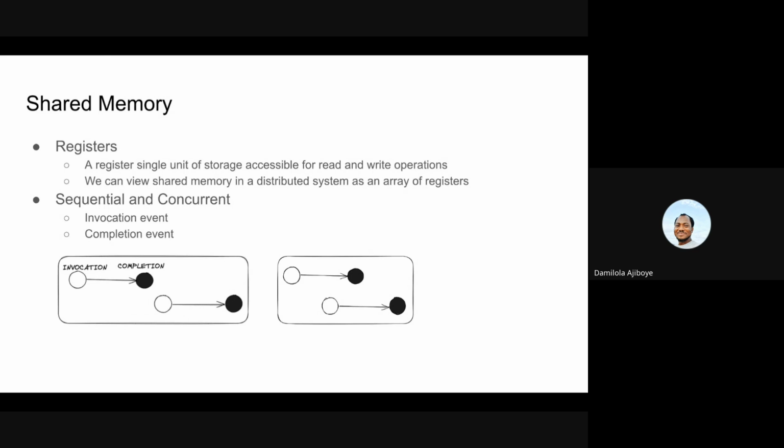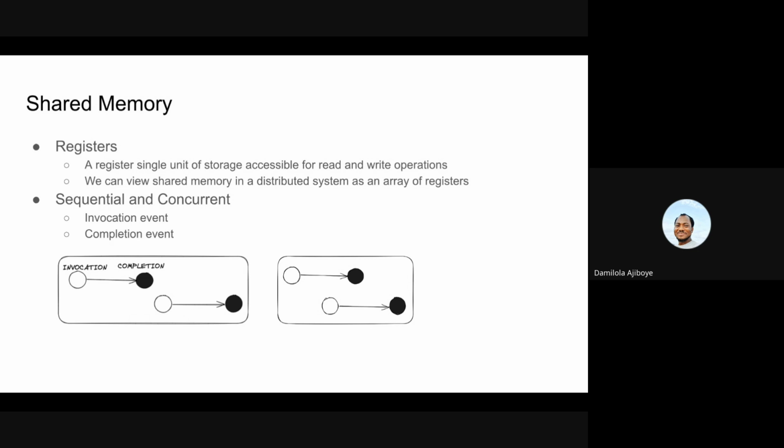But we're looking at this more from, I wouldn't say logical, but when we are thinking about consistency and what exactly these read and write operations are performed against, we're looking at them in terms of a register.